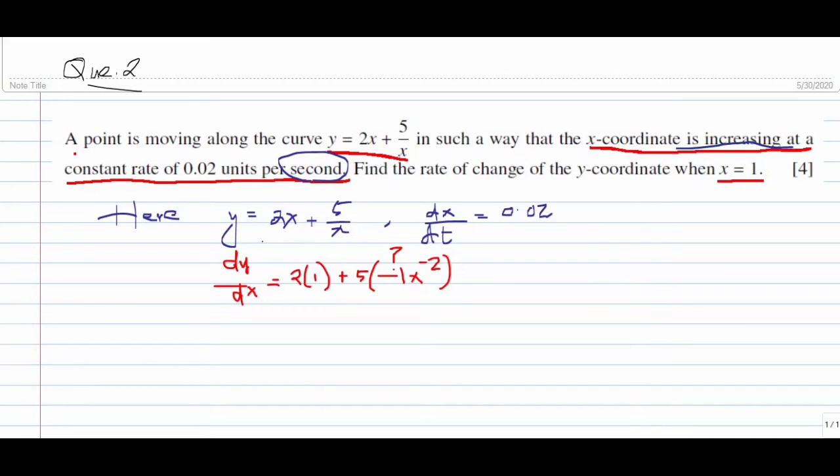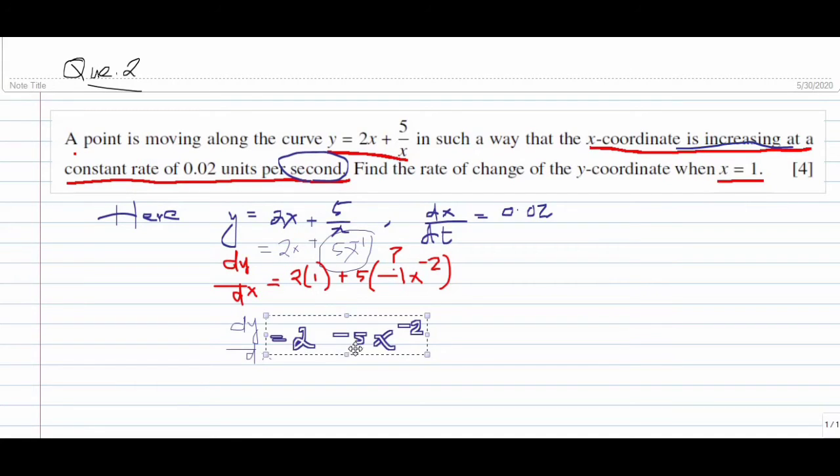Because when you write y in standard form, we get y is equal to 2x plus 5x raised to minus 1. And when you find the derivative of x raised to minus 1, we get it as minus 1 x raised to minus 2, which implies dy by dx is equal to 2 minus 5x raised to minus 2. Okay, that is the derivative of y.